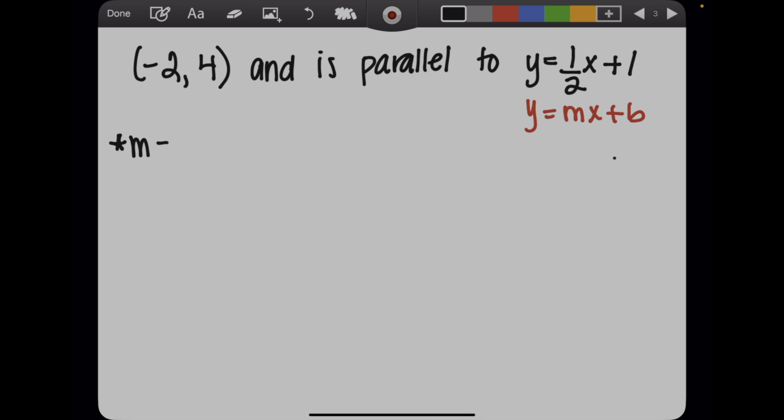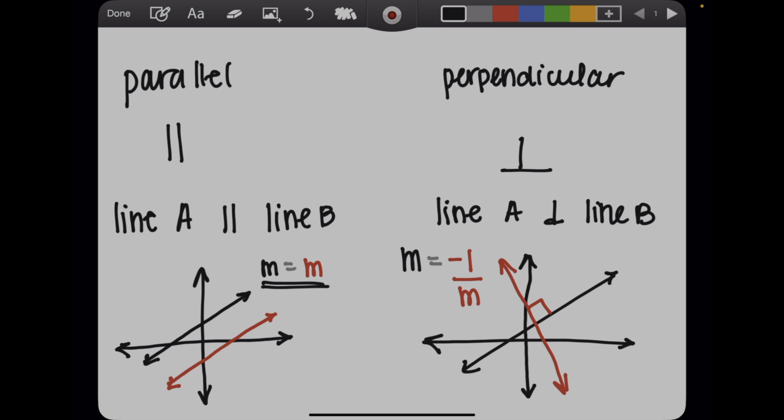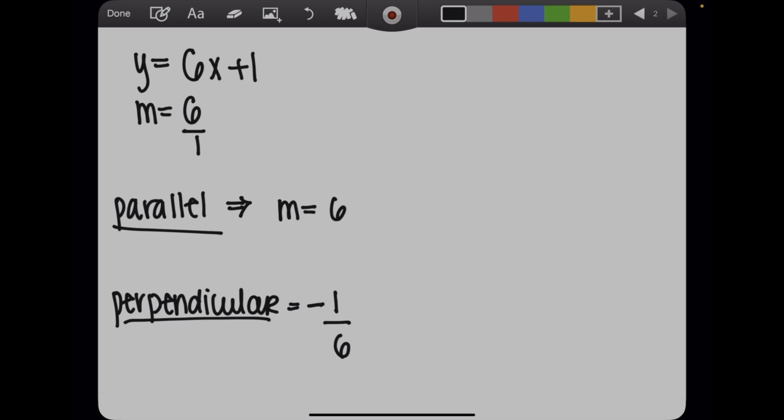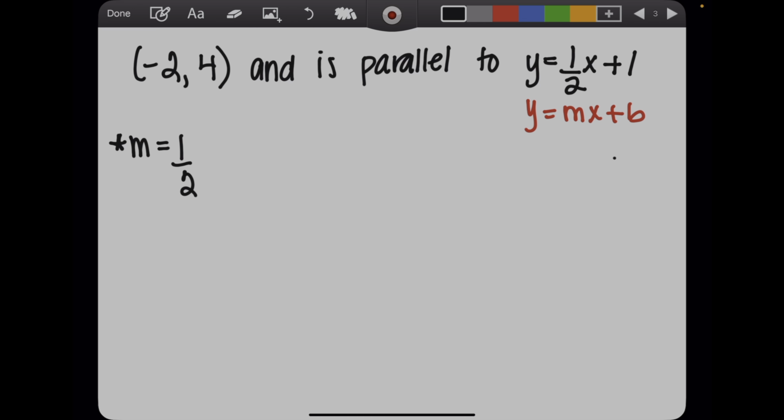So we have the slope that equals 1/2, and we just said that two parallel lines must have equal slope. So this new line must have the same slope as the first one.